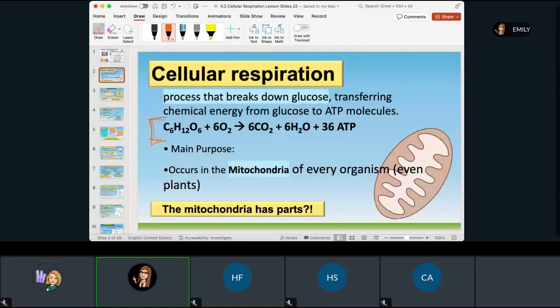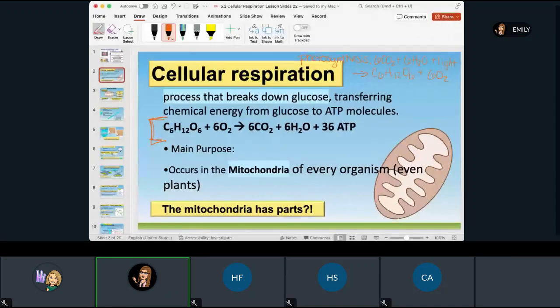So photosynthesis was the opposite. We started with 6 CO2 and 6 water molecules and light, and we made glucose and oxygen. So we are literally just swapping them.